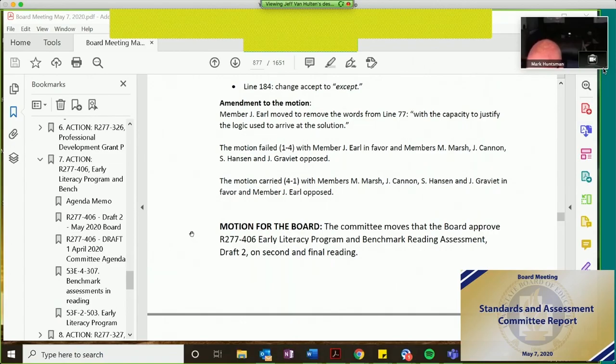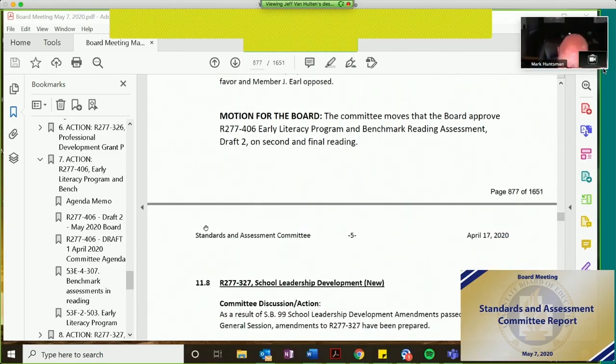Member Lear, Aye. Member Marsh, Aye. Member Newell, Yes. Member Thorpe, Aye. And Mark Huntsman's an aye. The motion passes. Please continue.